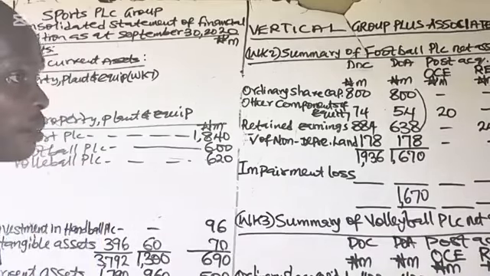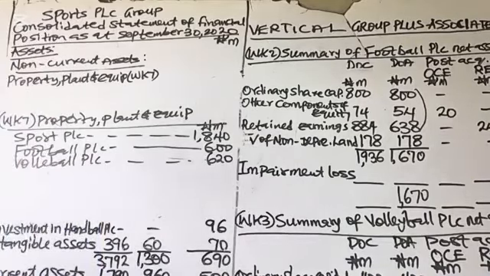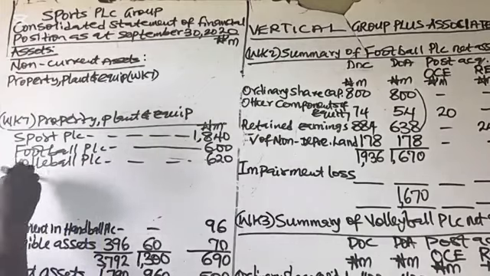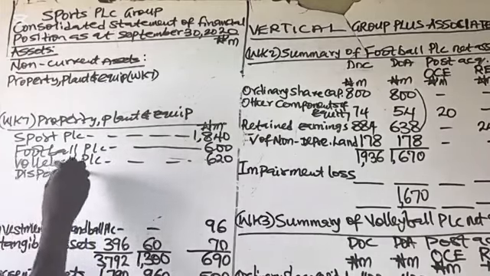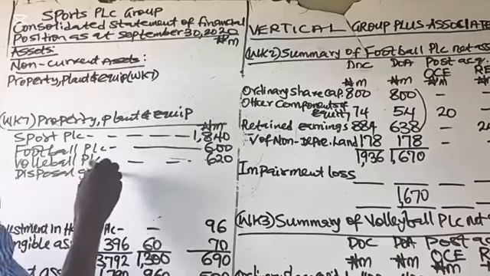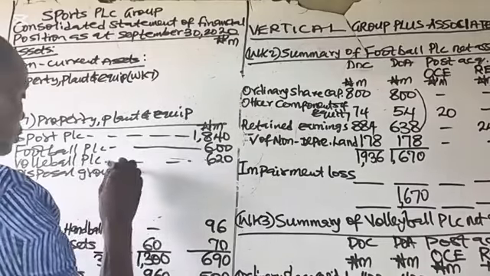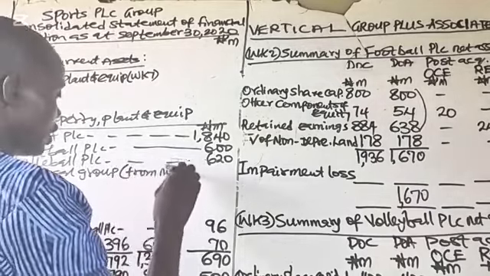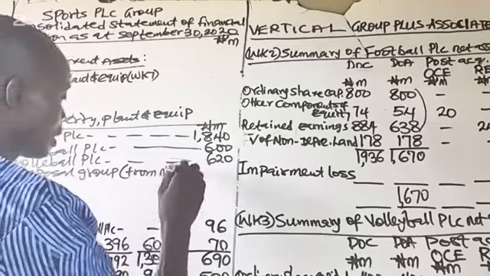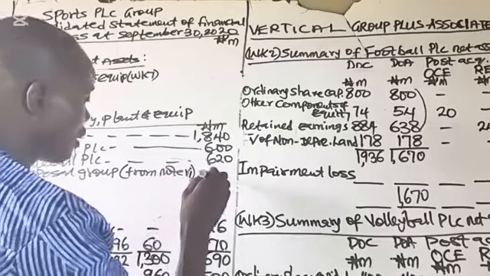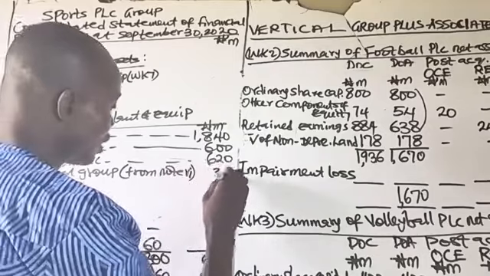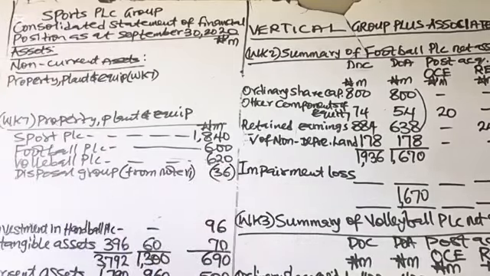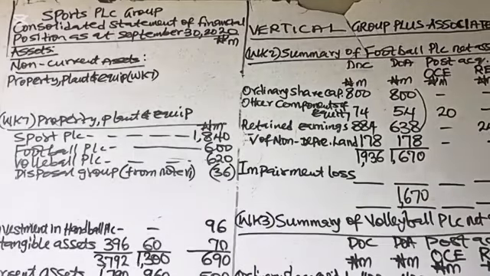Then from additional information number 6, we have the disposal group, the PPE from note 6. We have 36. We will subtract that 36 million.